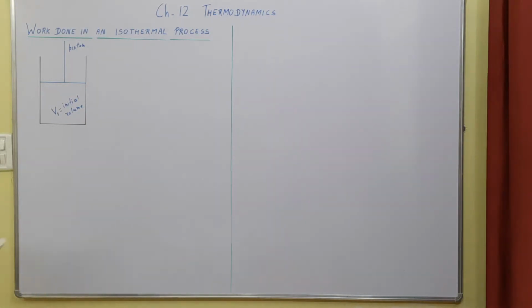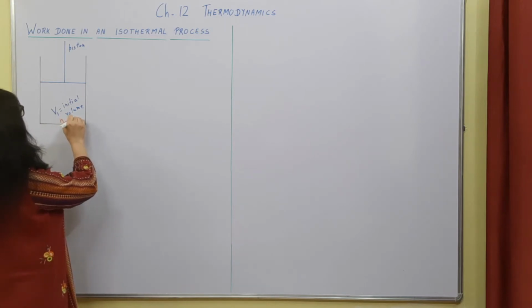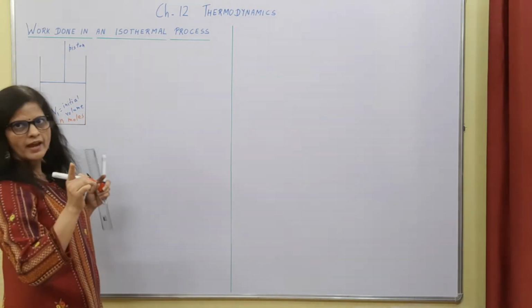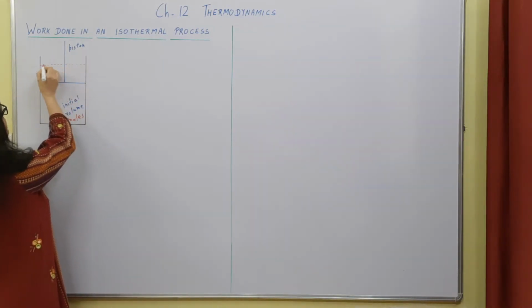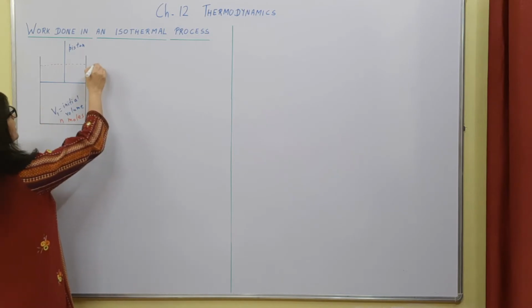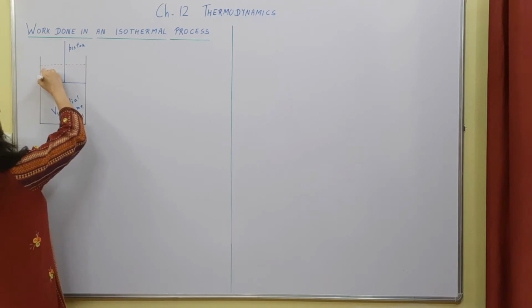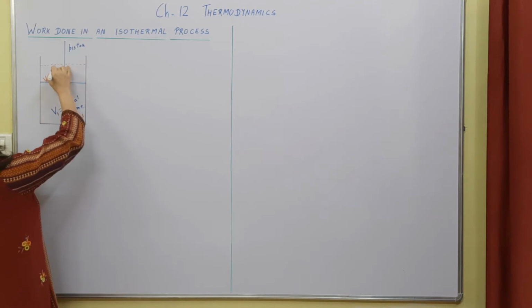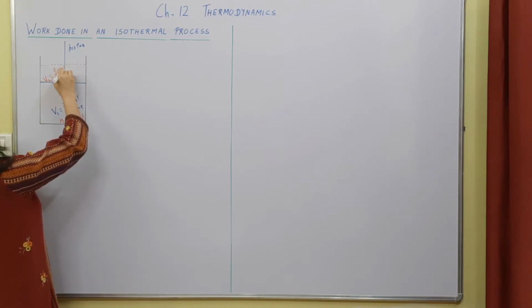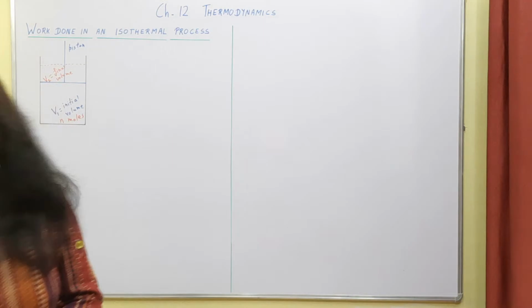If this n moles of gas expands and the final position of the piston is this, that means the final volume is V2 for this complete cylinder from here to here. Right? Then we have to calculate the work done during this expansion.